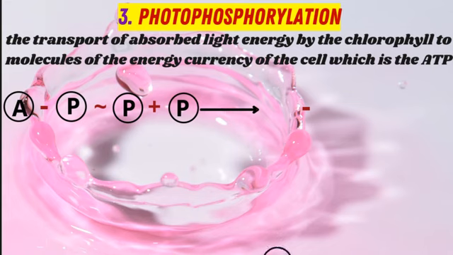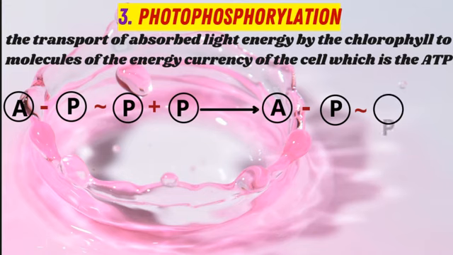Whenever the electron pair jumps from one acceptor to another, the electron may release or lose some energy. Some of it will be used to create ATP, as ADP combines with a phosphate group. Here you can see the basic equation for photophosphorylation.